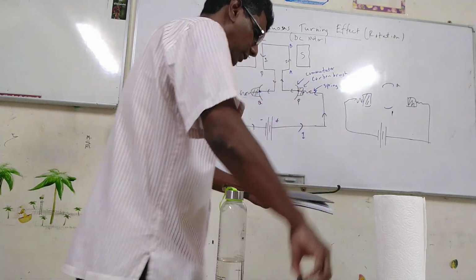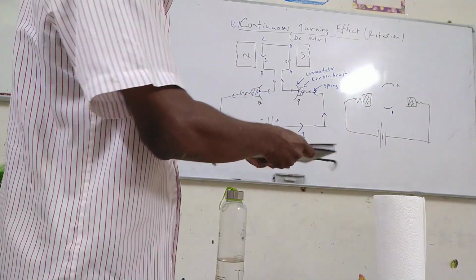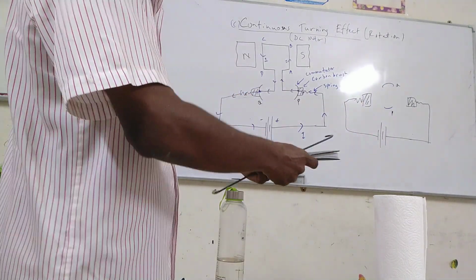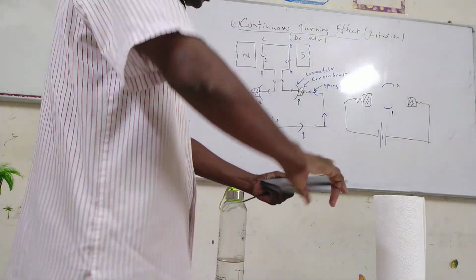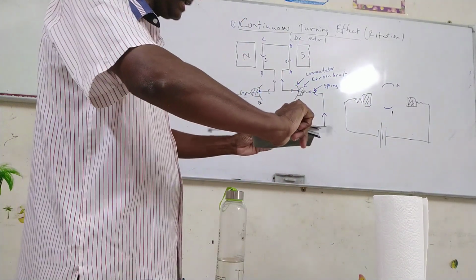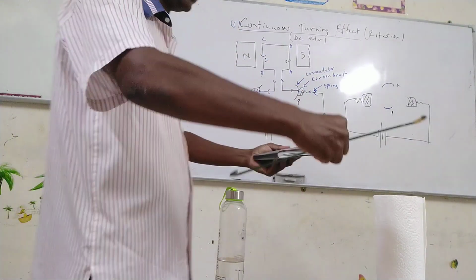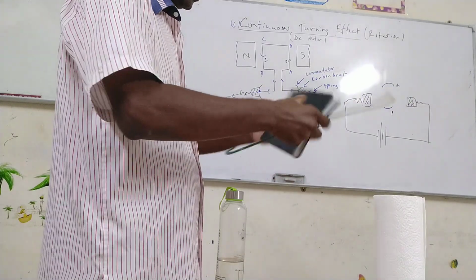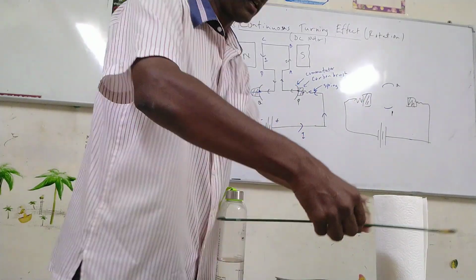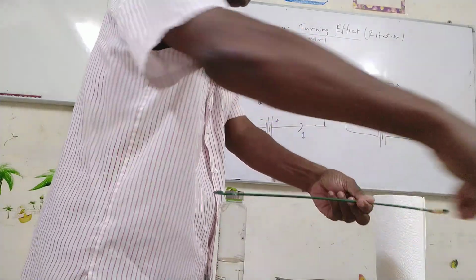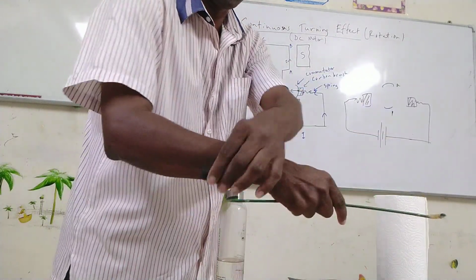So positive battery, the current enters here and comes out. Sorry, I suppose to be like this. Because positive battery, current is like this. Carbon brush this way.